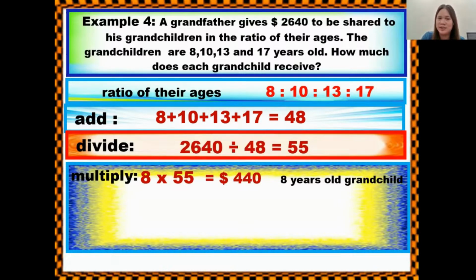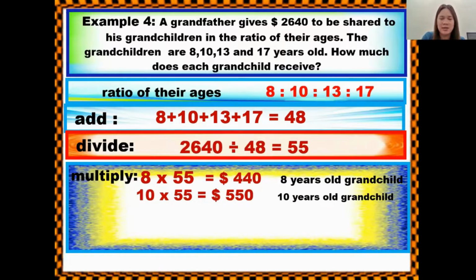The second, or the 10-year-old grandchild, will receive 10 times 55, that is $550, after multiplying 55 by 10.